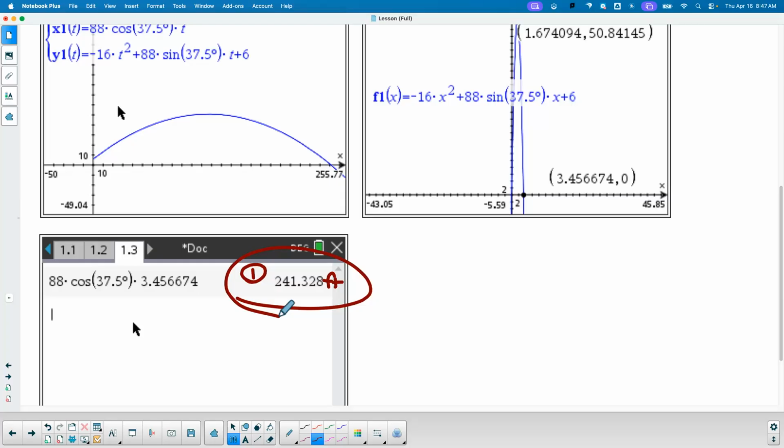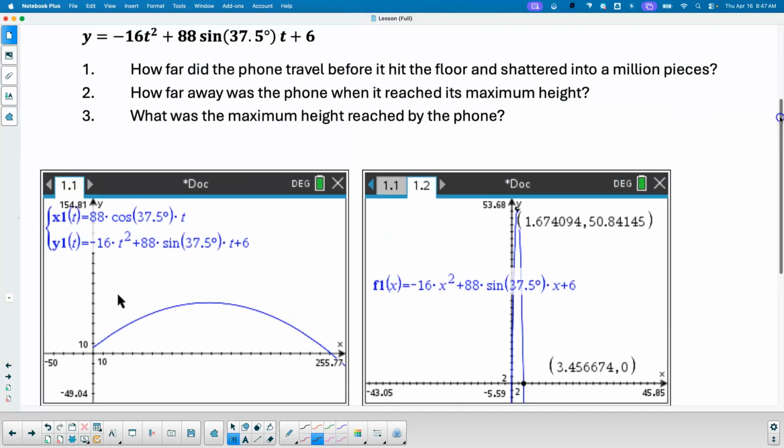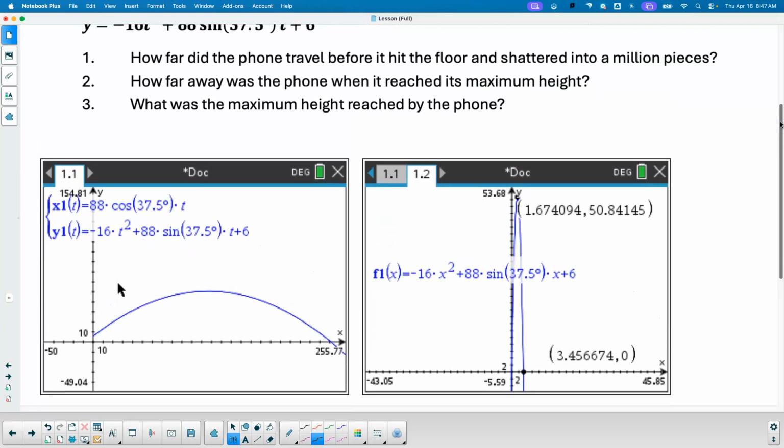Question number 2 and 3, depending on how you're looking at it on your paper or up here. How far away was the phone when it reached its maximum height? Okay, so then that one we have to, oops, I forgot to plug that in too.